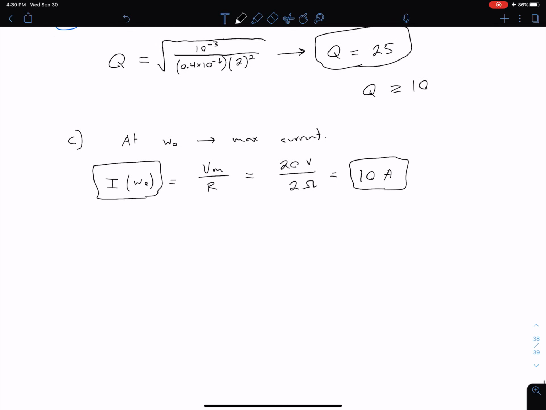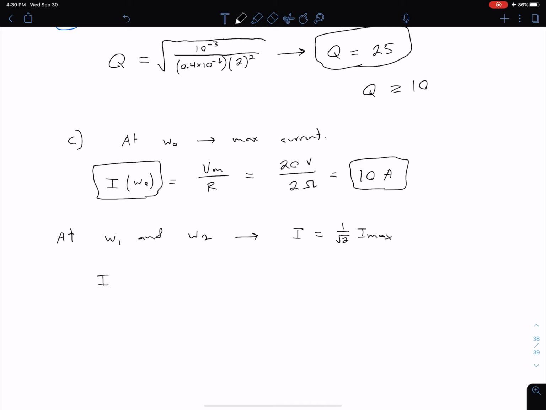Now at both our omega 1 and omega 2, we know that by definition our current magnitude equals 1 over root 2 times our maximum current magnitude. Again, that's just how we defined it in terms of it being a half power bandwidth.